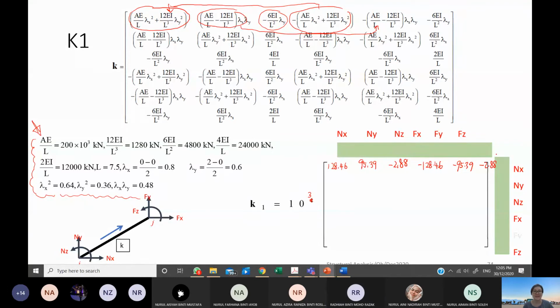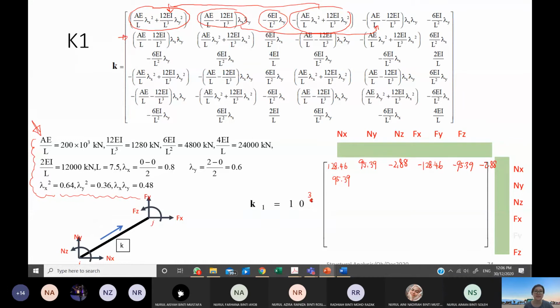So the next one will be this row. Can we continue with row number 2? 89.86. Can you recheck? 95.39.